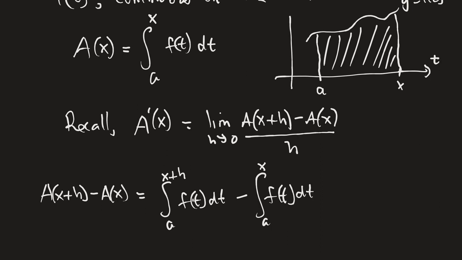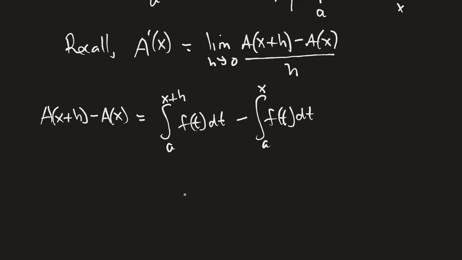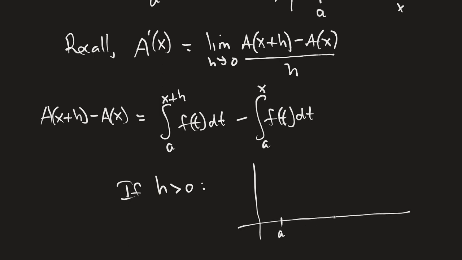So if h is positive, let me draw kind of what's going on here. If h is greater than 0, let me put a, let me put x, and then if h is positive, then x plus h would be further to the right.